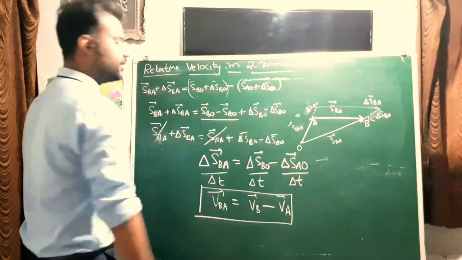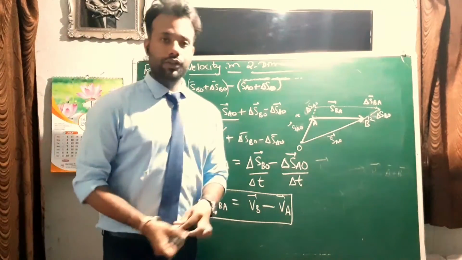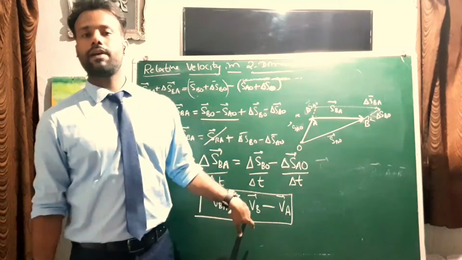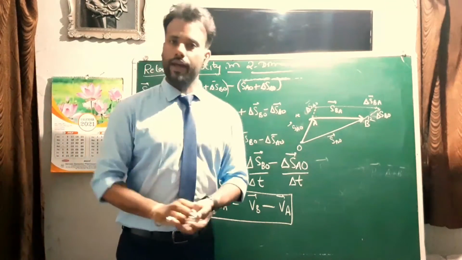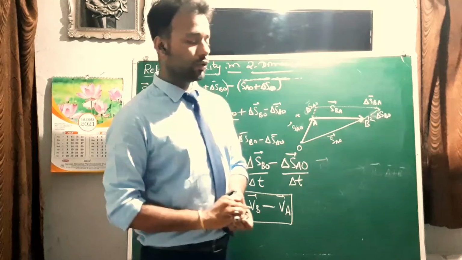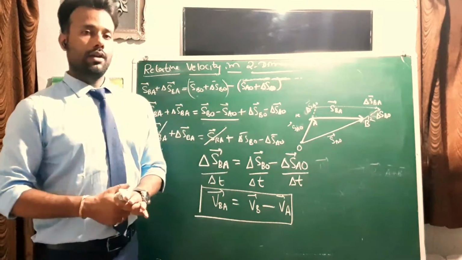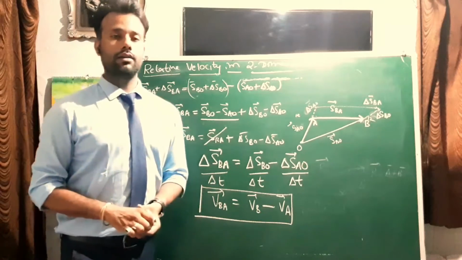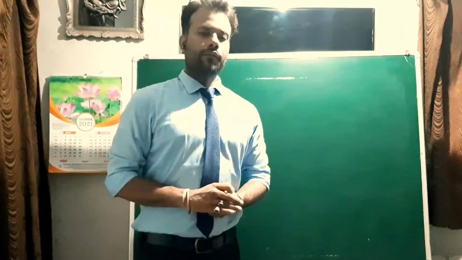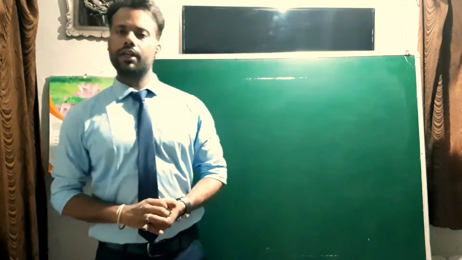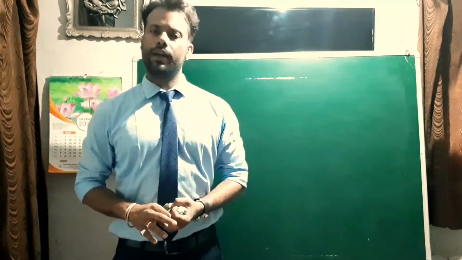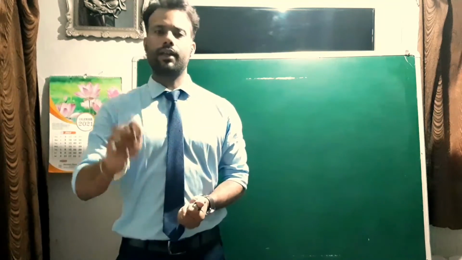So here you got the relative velocity of B with respect to A in vector form, right? So you can find the relative velocity in 2D motion by using the vector formula. So we have calculated the relative velocity of B with respect to A, that was VB minus VA.